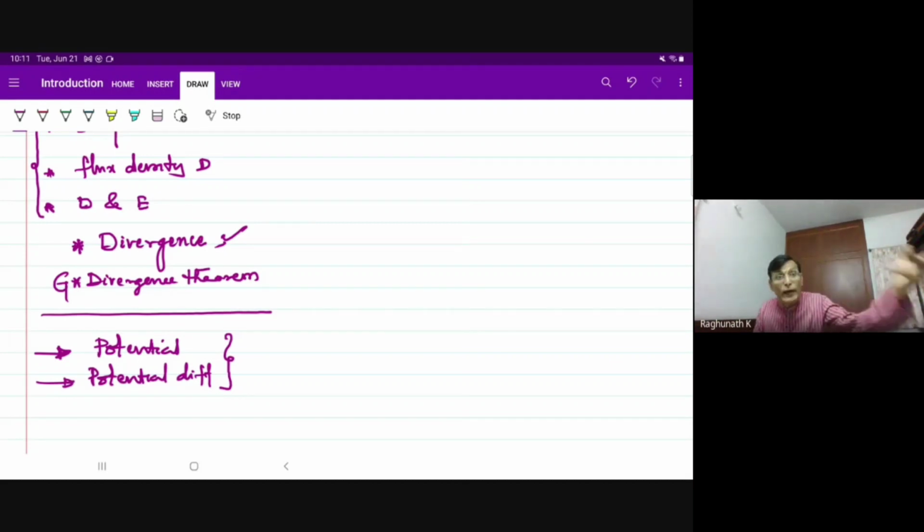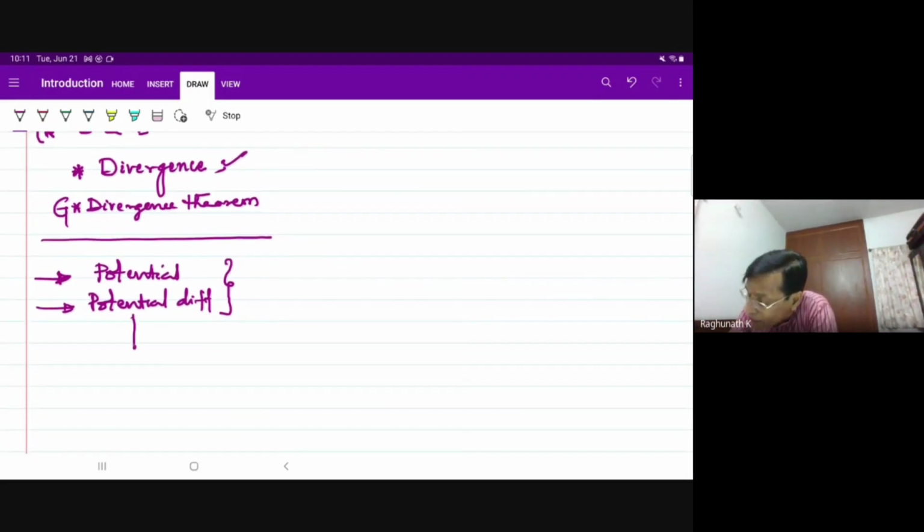I will try to calculate the potential difference between the conductors. I will use the potential difference V and the charge Q to talk about the first component called the capacitor. I will derive the expression for the capacitance of a capacitor as a function of its dimensions and the medium used.